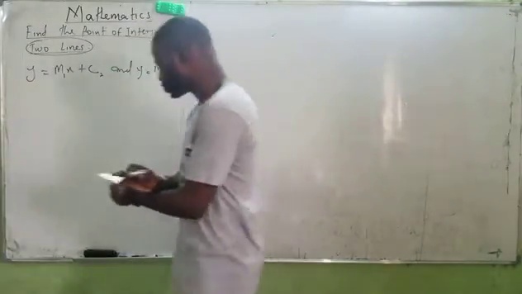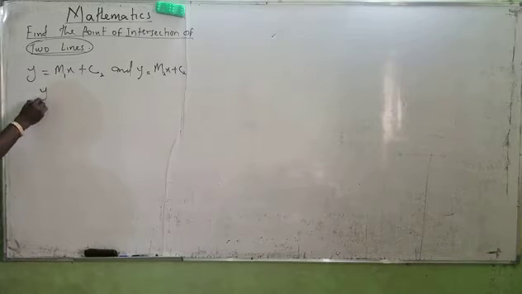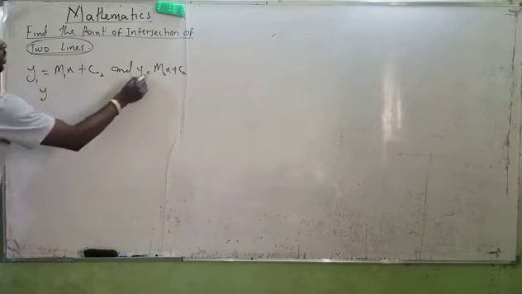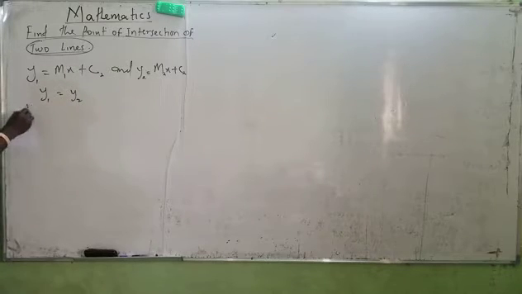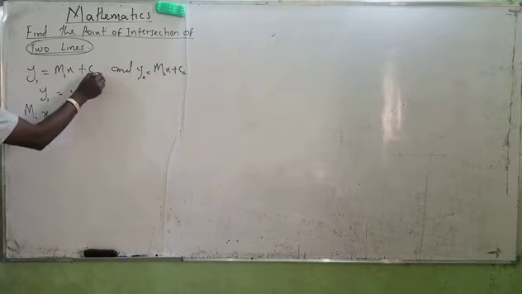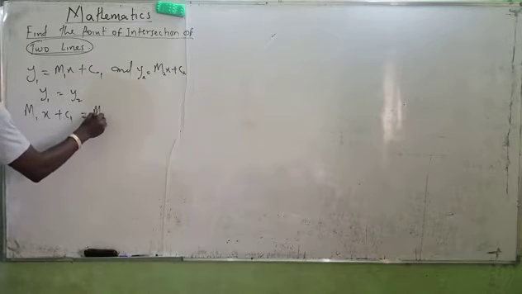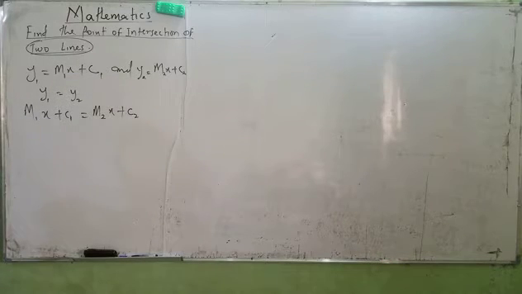Now, since I have the two lines, I can now say that, for me to move on with this, call this one y1 and this y2. y1 equals y2. It means m1x plus c1 equals m2x plus c2. Now, what can I do?